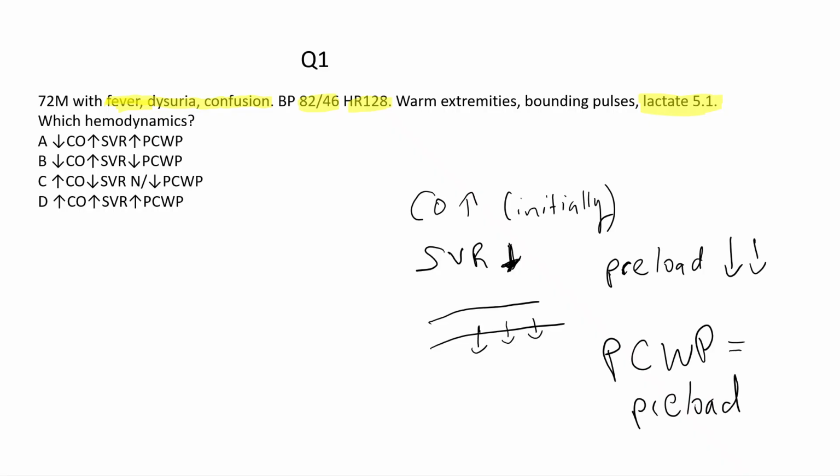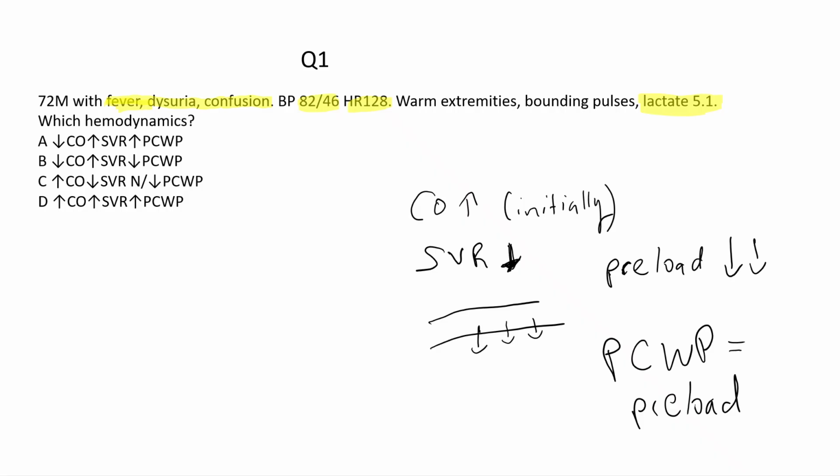And the reason behind this is because when you're trying to measure the pressures of the heart using a Swan-Ganz catheter, you can't really measure the pressure of the left ventricle at the end of diastole directly. So you basically insert it to the pulmonary capillary.